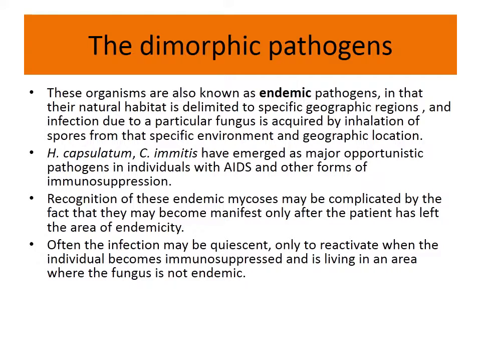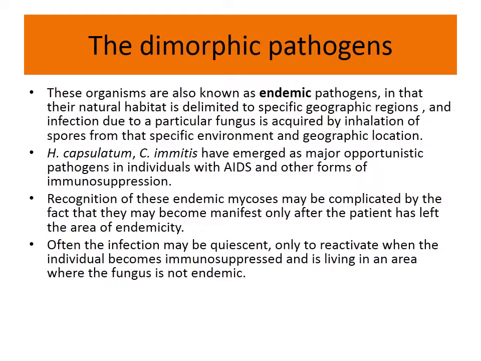The other important thing you have to keep in mind is that if you happen to live in an area where you are normal, but there is endemic nature of that particular fungus that is present in the soil, in the ecosystem, so there are good chances for you to acquire that and then complicate or challenge your immune system.